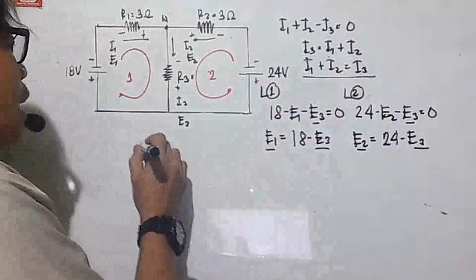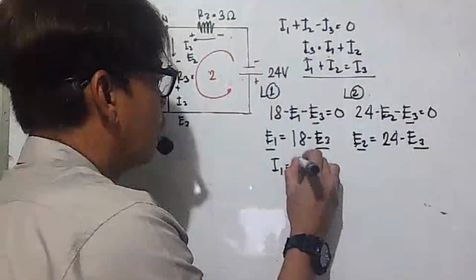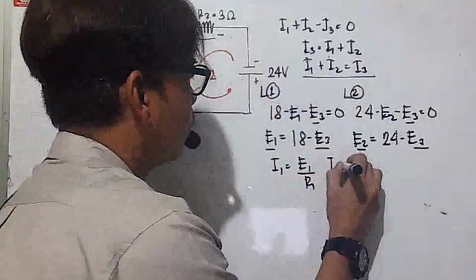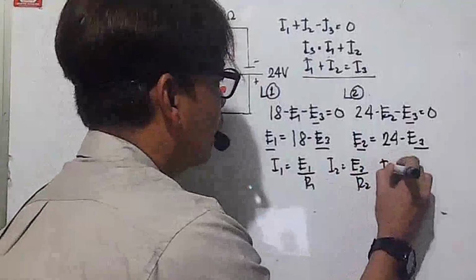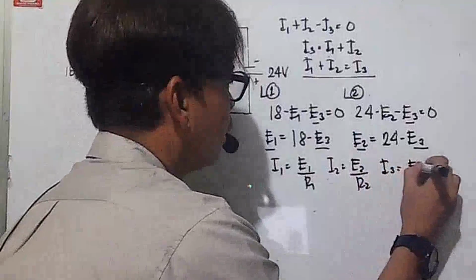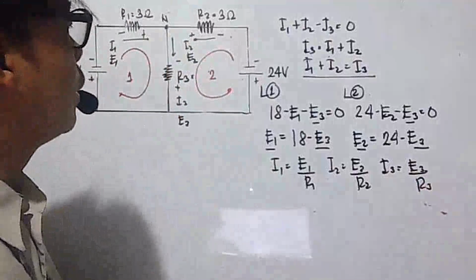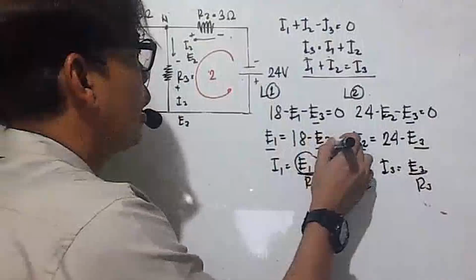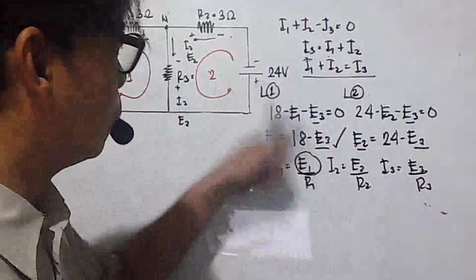Now remember that I1 is equal to E1 over R1, and I2 is equal to E2 over R2. This is from Ohm's law. And I3 is equal to E3 over R3. Now we're going to change the values. E1 here will become 18 minus E3. So we substitute the value we got from the loop.